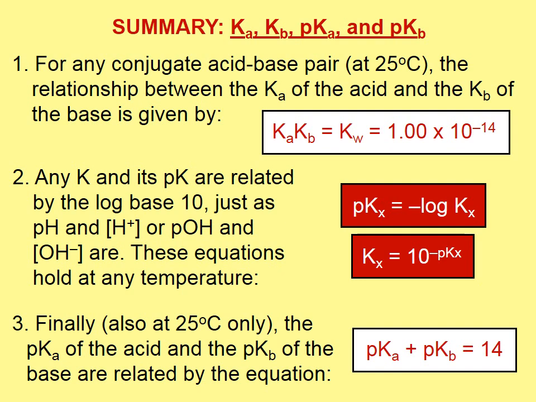These equations hold at any temperature. And you can see I've colored them in maroon there on the right. 3. Finally, also at 25 degrees Celsius only, the pKa of the acid and the pKb of the base are related by the equation their sum is 14.